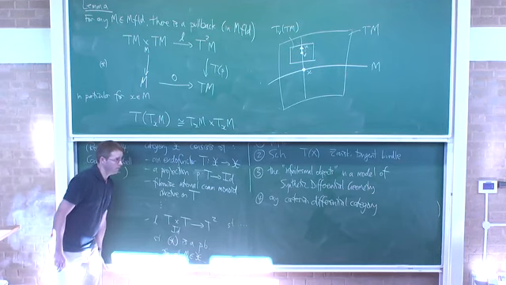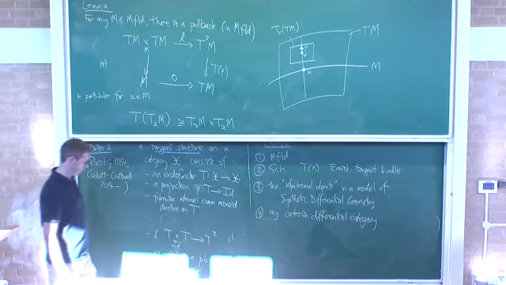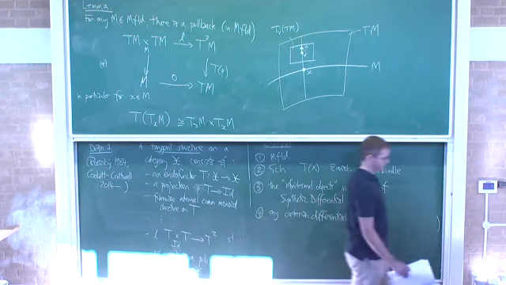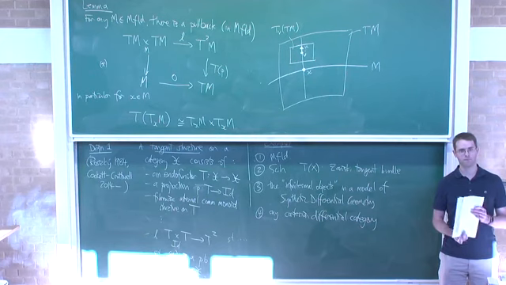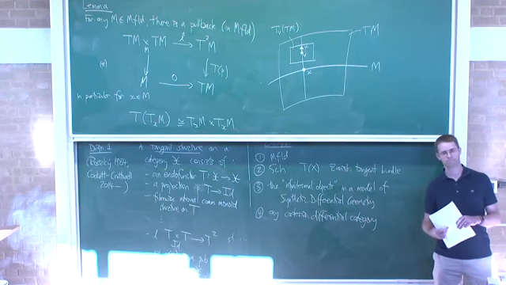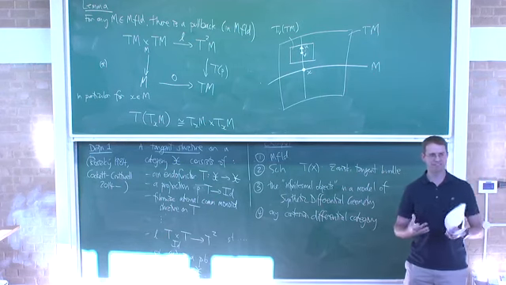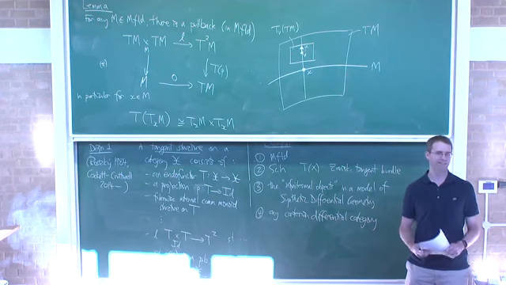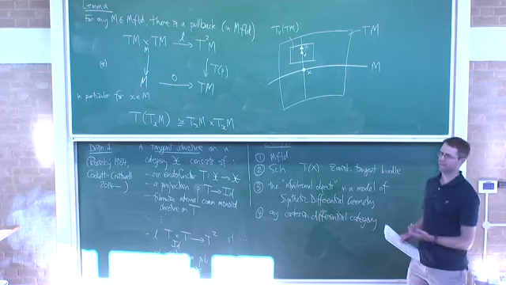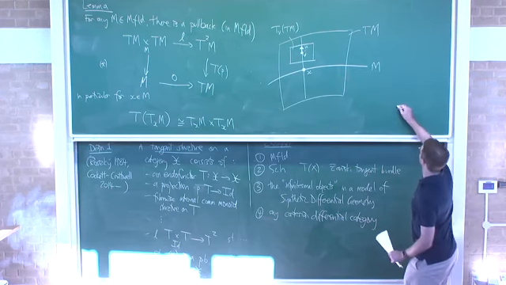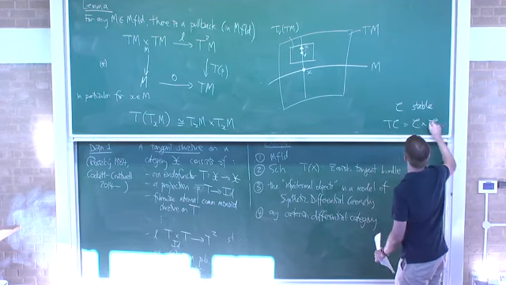What is T of an abelian category? T of an abelian category is the abelian category cross itself, the square of the abelian category. The explanation is that abelian categories in this context are the analogs of vector spaces. They're stable infinity categories. So if C is stable, T of C is C plus C.